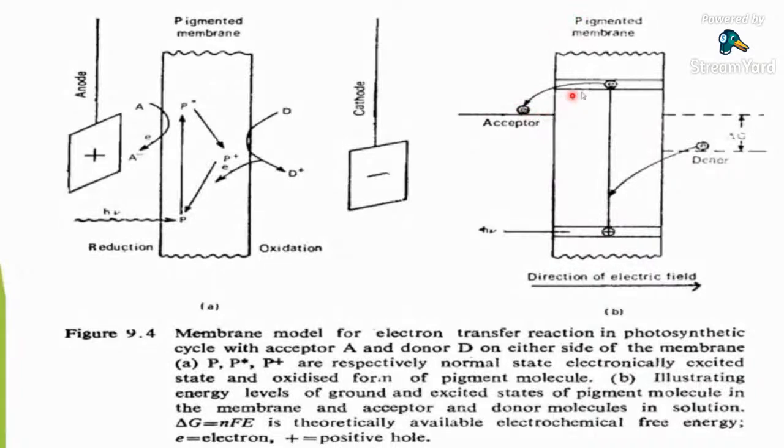The acceptor level is below that of the excited level, and the donor level is below that of the acceptor level. So the energy difference between the acceptor and donor is called delta G, which is the free energy. That delta G, which equals nEF, is the theoretically available electrochemical free energy of the electron and positive hole.